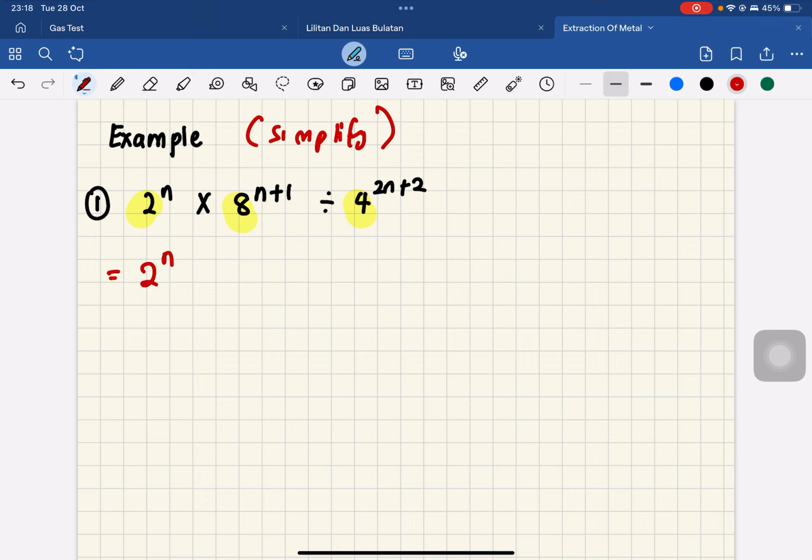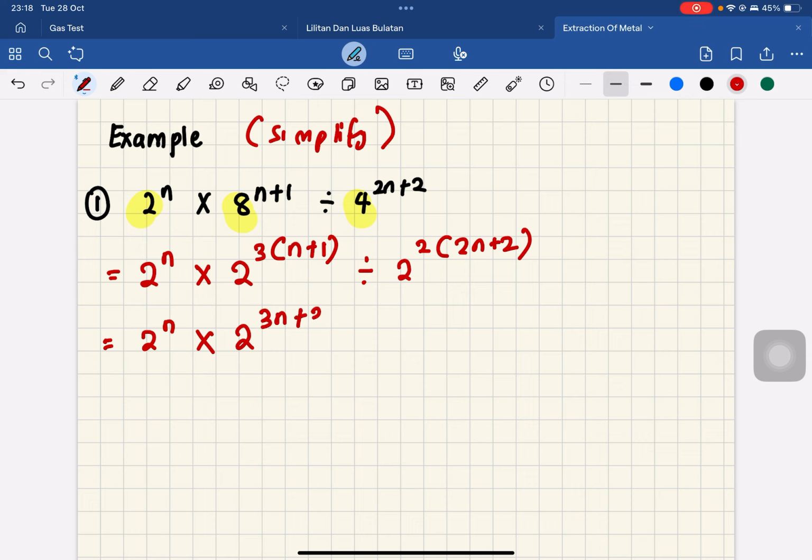8 is 2 power of 3, and then the power is just going to copy back, n plus 1. Divide by 4, which is 2 power of 2, and then copy back the power, n plus 2. Okay, next step we're going to expand the power. 2 power of n, 2 power of 3 times n is 3n plus 3, divide by 2 power of 4n plus 4.